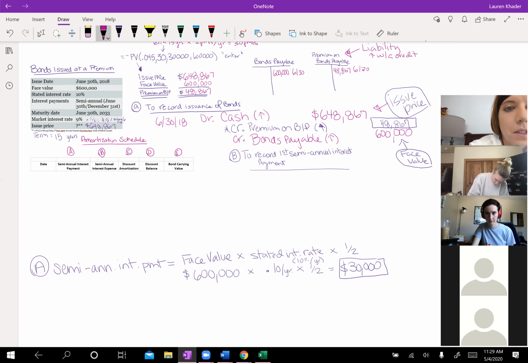I made a typo there. Premium amortization here. Premium balance under column D, and then the bond carrying value under column E. Sorry for my typo.